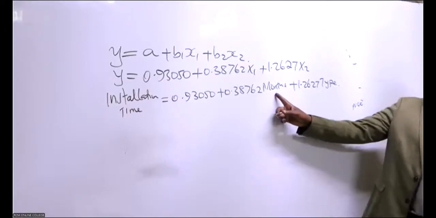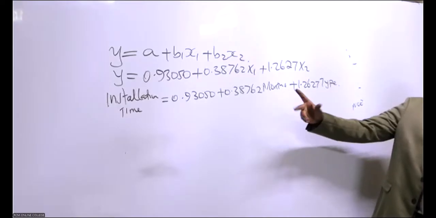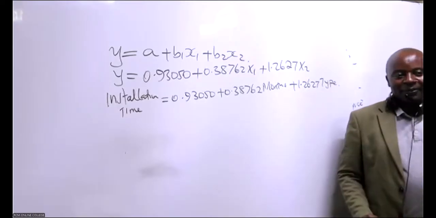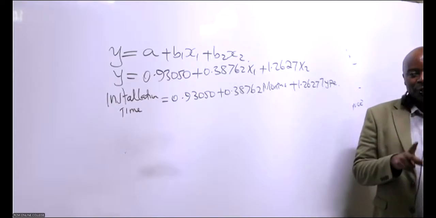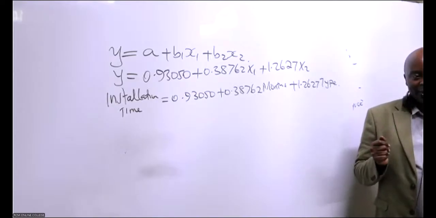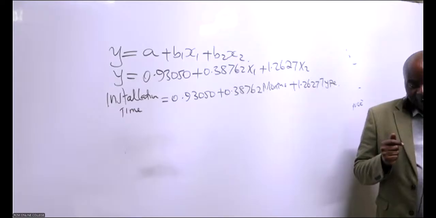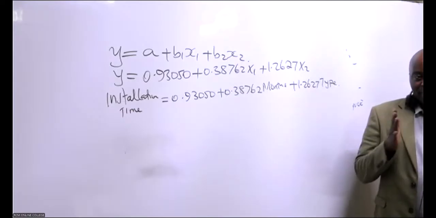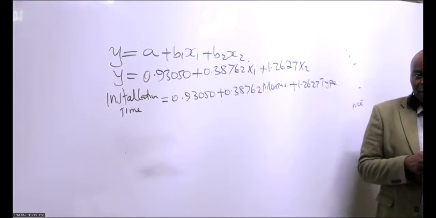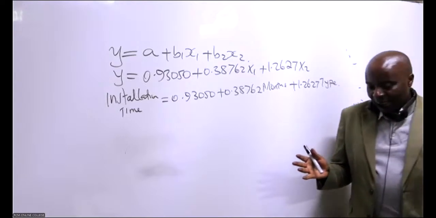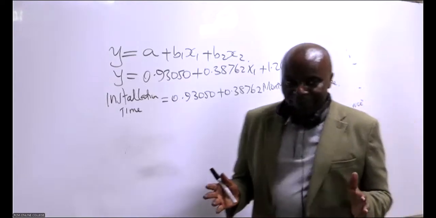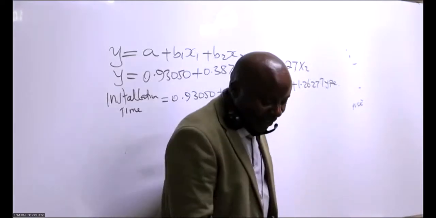So we start with the first variable. This month and installation time, are they supposed to be positively related or negatively related? Positively. Yeah, so the more the months, the more the installation time. These are months for what?